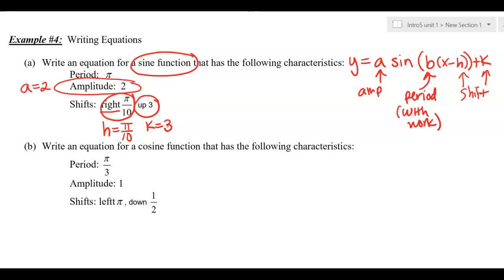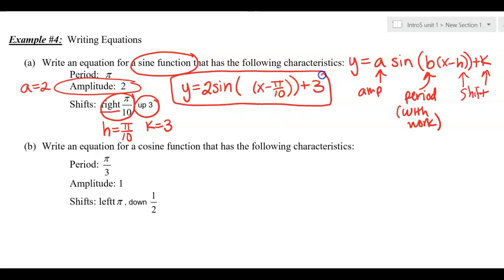So the A, the H, and the K, if you have this language on there, you have those things immediately. So my A is 2, my H is pi over 10, I left an open spot for my B, and my K is 3. This is going to be my equation. I just have to work on figuring out that B value.